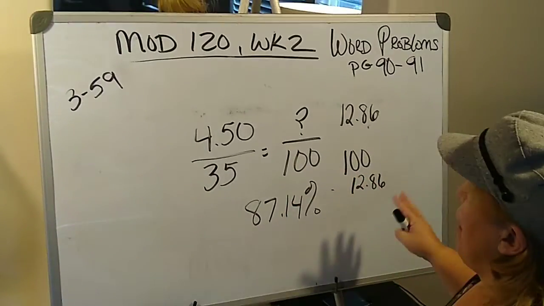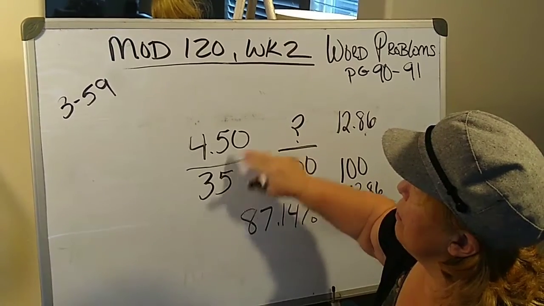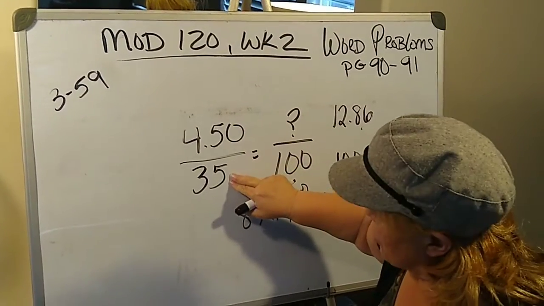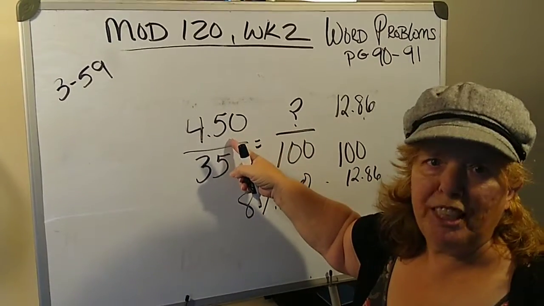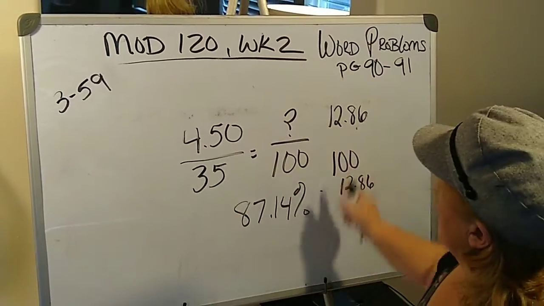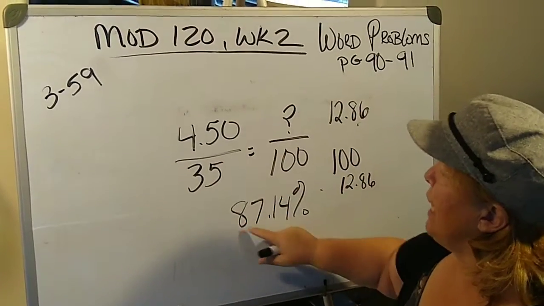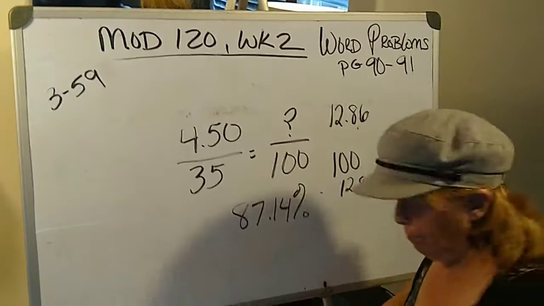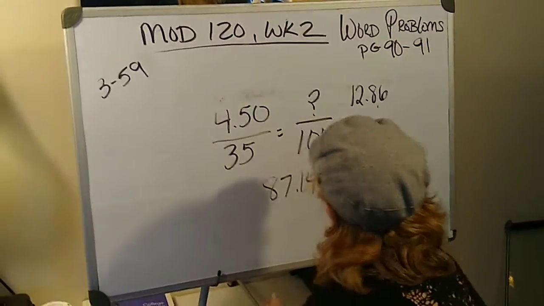Okay, so keep in mind that this is the difference between what they paid for and what it is now worth. They want to know how much it increased. So I had to figure out, first of all, what the percentage is. And then I just took that from 100. So the increase was 87.14%. Okay. Next one.